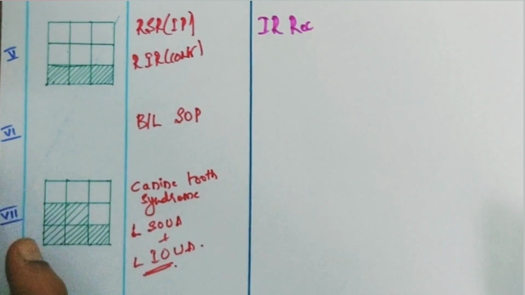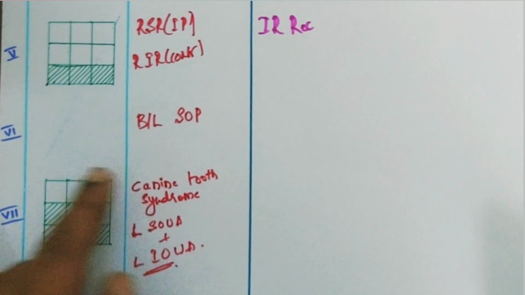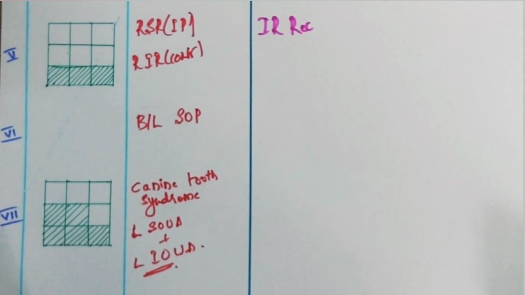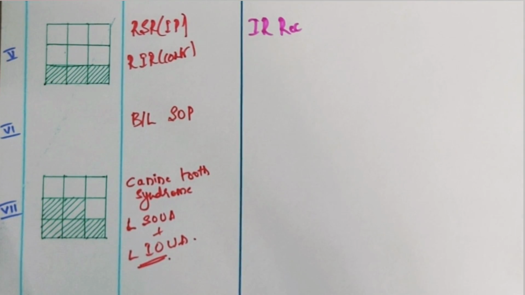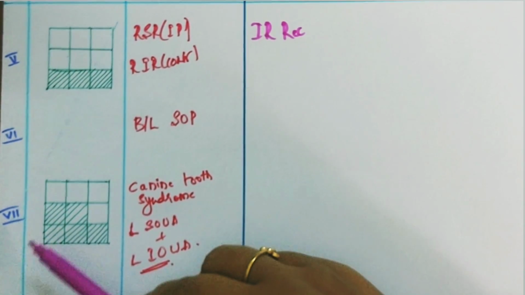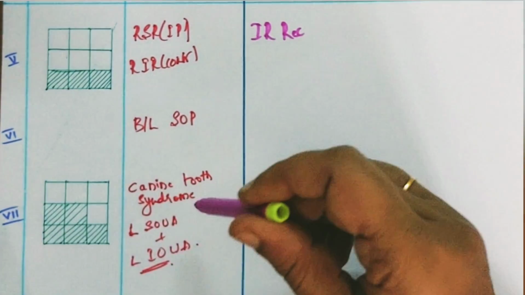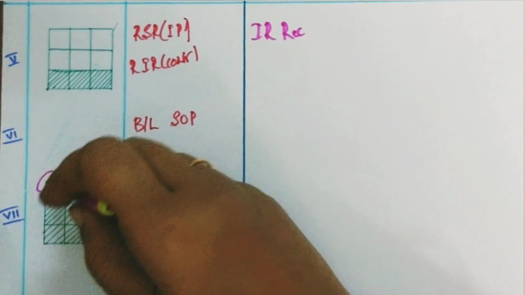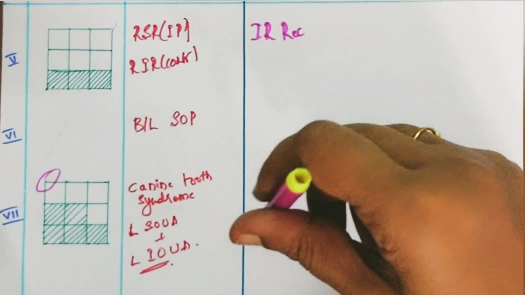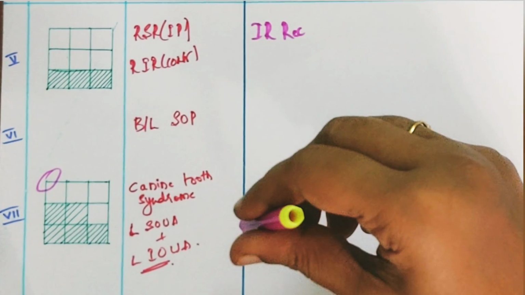If the patient has bilateral superior oblique palsy, that is class 6 of Knapp's classification, then depending upon which class each eye is, the surgical procedure can be planned. And if the patient is in class 7, that is the canine tooth syndrome, then you will have to explore the trochlear area for any anomalies and treat that.